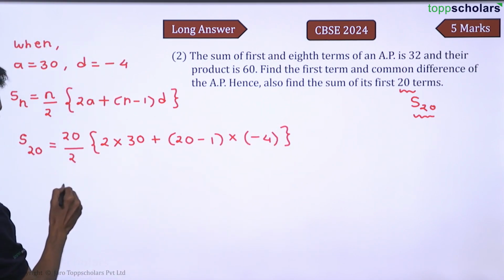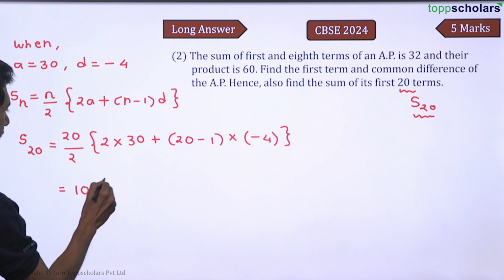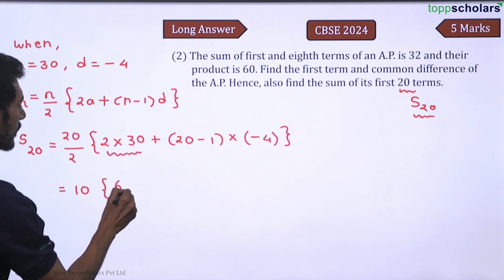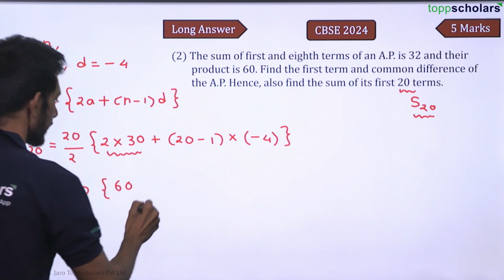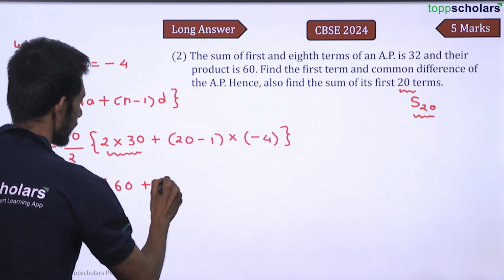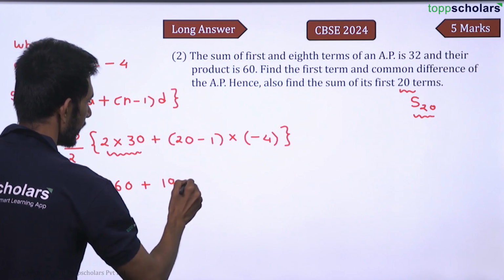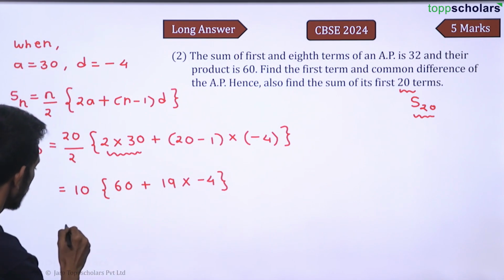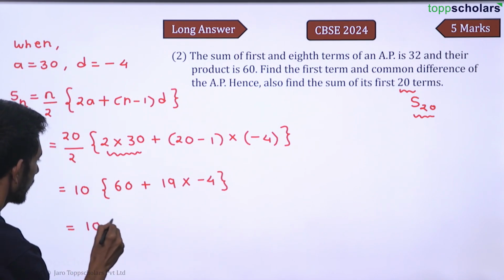So this becomes 10 into 30 into 2 is 60 plus 19 into minus 4.